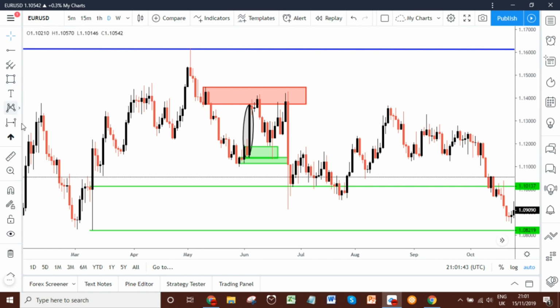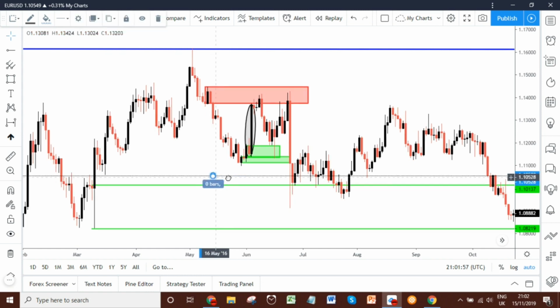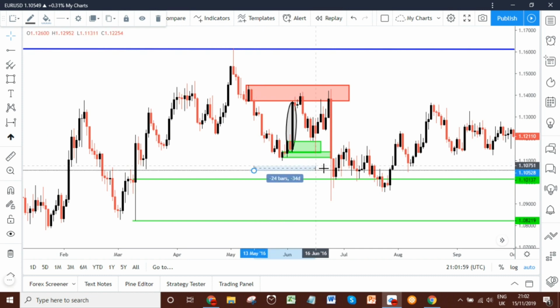And let's see, when this market fell out of here, how many days did it take to actually come back in? 16 days, right? It took 16 days for the market to come back in, and then it took 3 days to hit the profit target, right?